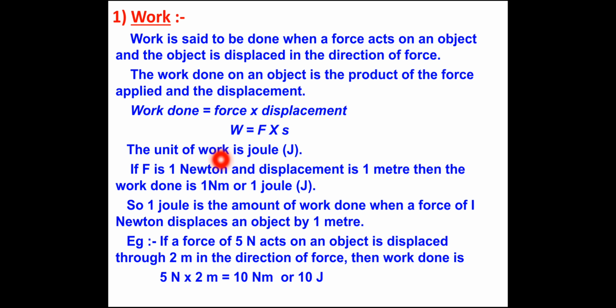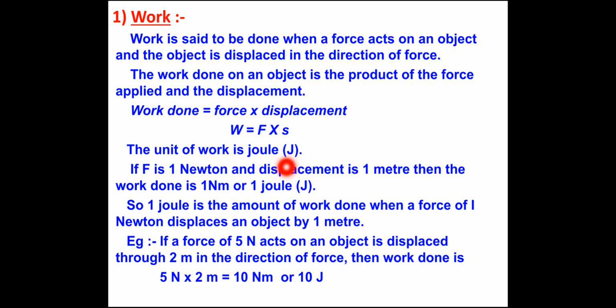Now the unit of work done is joule or Newton meter. The joule is represented by the capital letter J. When we go to the shop, when we take some sugar, the unit for sugar is kilogram, we ask the shopkeeper for 1 kilogram sugar, 2 kilogram sugar, or the unit of milk is liter.